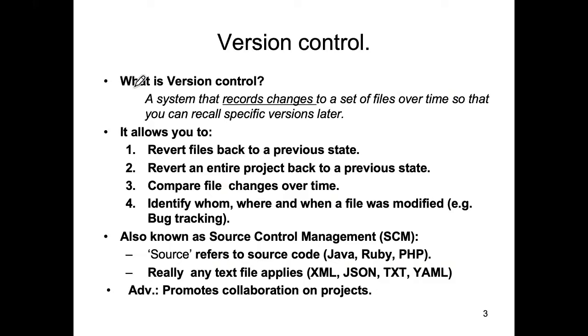Now, in general, what version control is all about is essentially keeping track of changes that happen to a set of files in a folder. It's as simple as that, really. And by tracking the changes that are happening to files in a folder or subfolders, it can also tell us what changes have happened to a particular file over time.